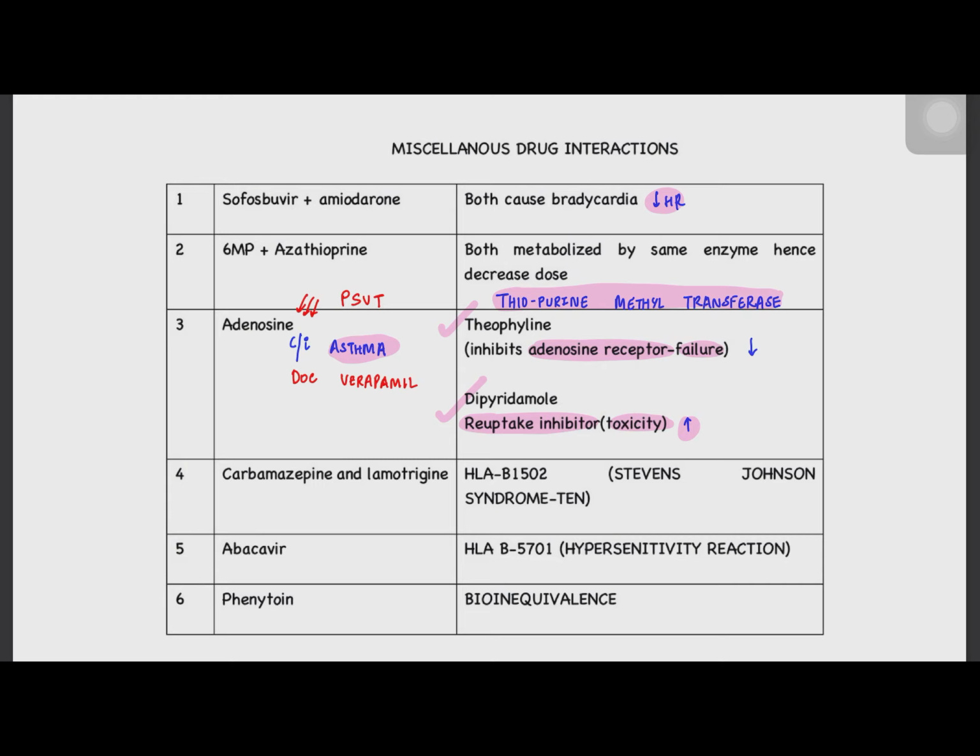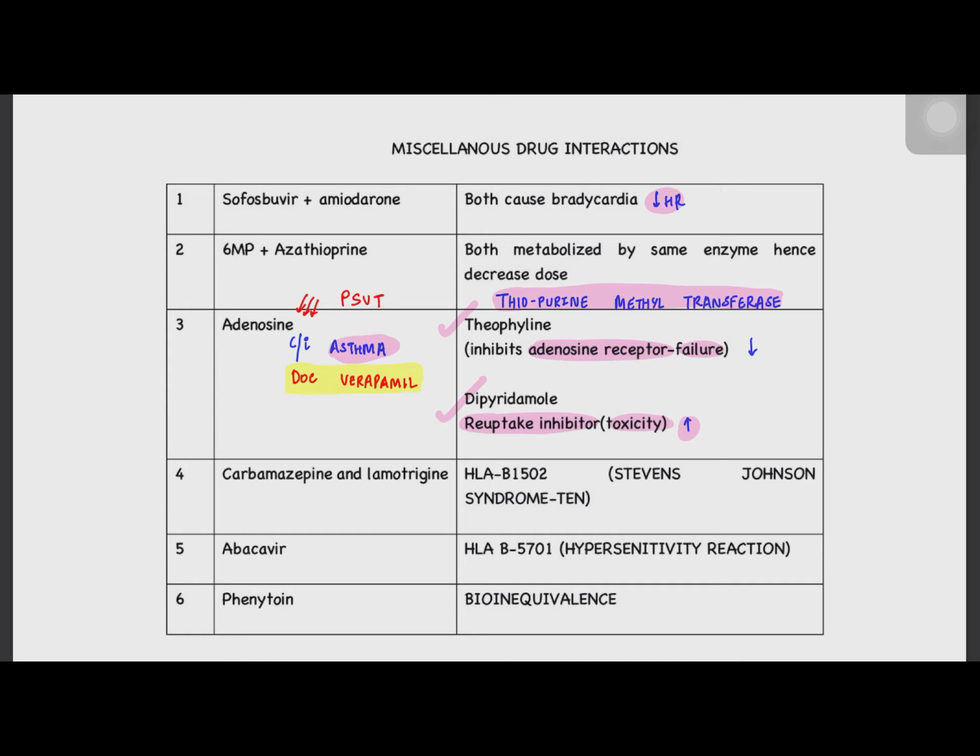So the drug of choice for patients with asthma or COPD having PSVT is verapamil for two reasons. First, adenosine causes bronchospasm. Second, if the patient is already on theophylline, then again there will be failure of adenosine.